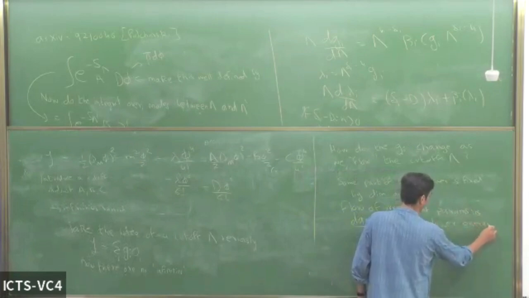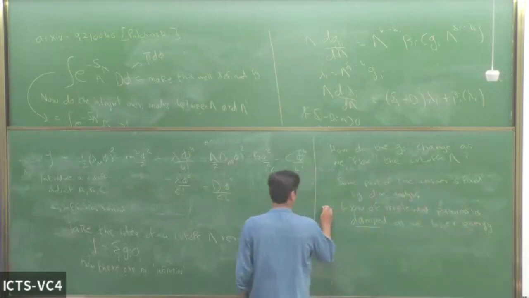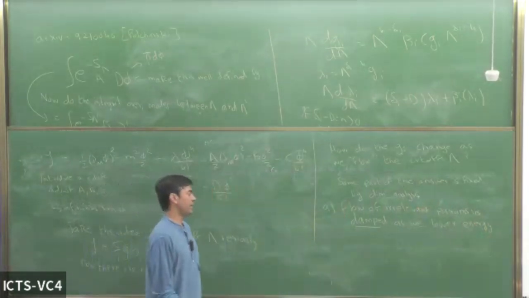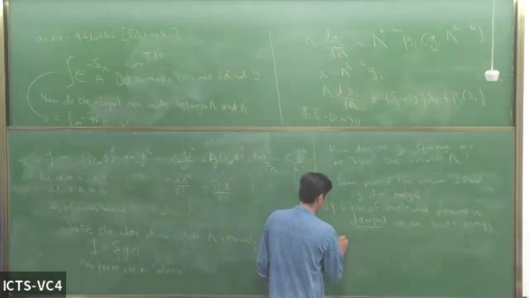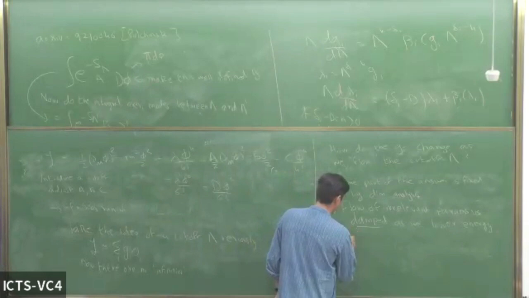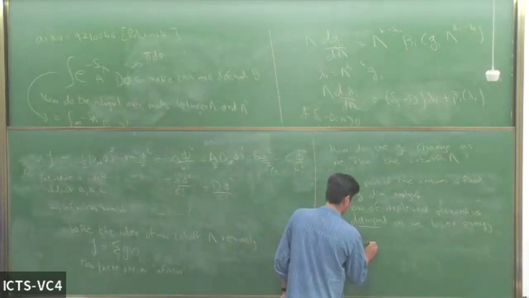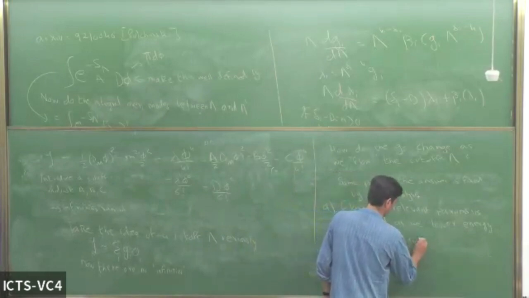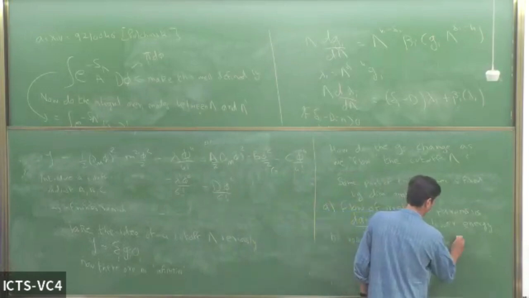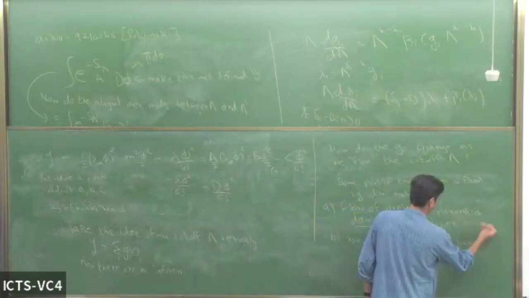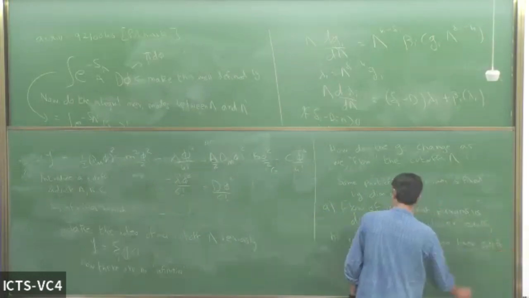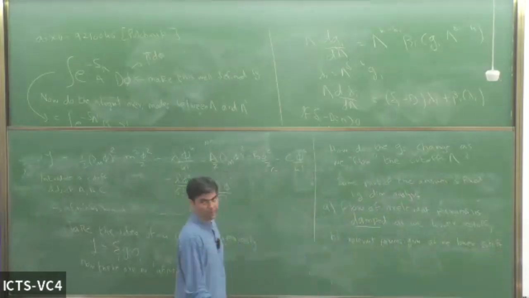So this part of the answer you can just get by dimensional analysis, and the flow of relevant parameters grow in size as we lower the cutoff. And marginal parameters you can't answer by dimensional analysis. You have to do a more complicated calculation.